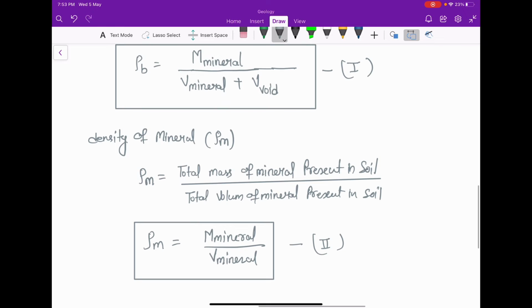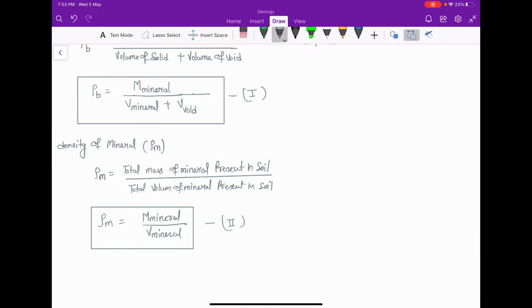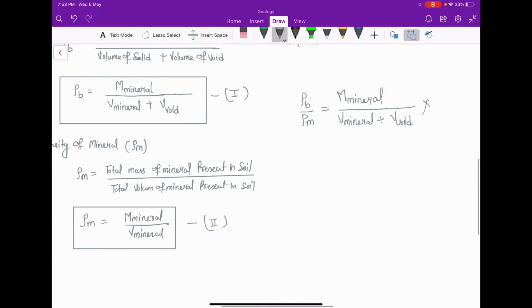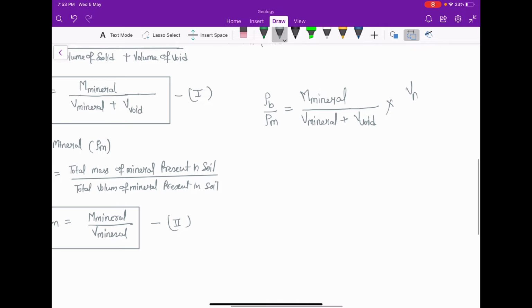So if we divide equation first by equation second, rho b divided by rho m is equal to mass of mineral divided by volume of mineral plus volume of void, into the reciprocal of rho m, that is volume of mineral divided by mass of mineral.